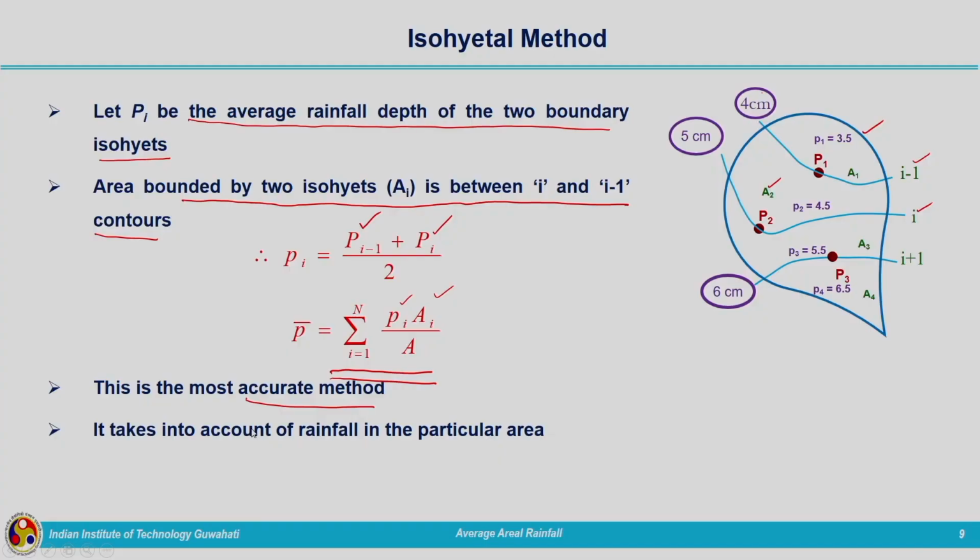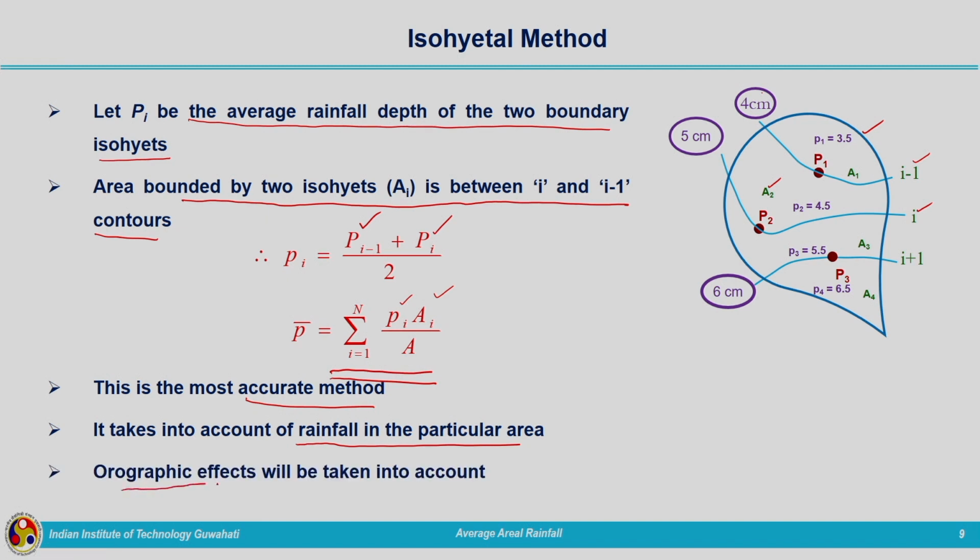So, whether it is orographic precipitation or convective precipitation, whatever be the type of precipitation, it does not matter. We are looking into the data corresponding to the rainfall. The effect of orographic influence is taken into account by means of the rainfall data, that is, the rainfall in the particular area.